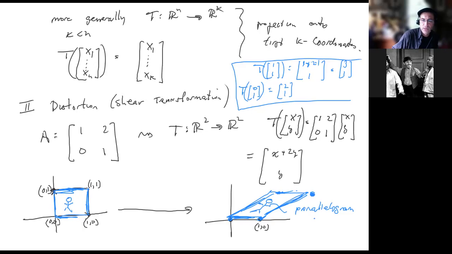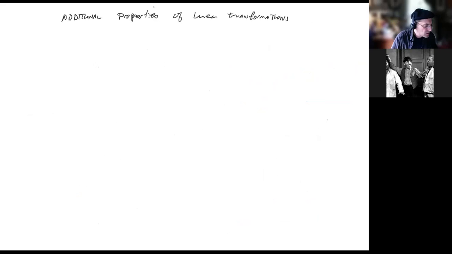So what I'm going to do now is discuss some additional properties, which are pretty obvious, of linear transformations, but I should mention them. Suppose I'm given a linear transformation T from R^n to R^m.